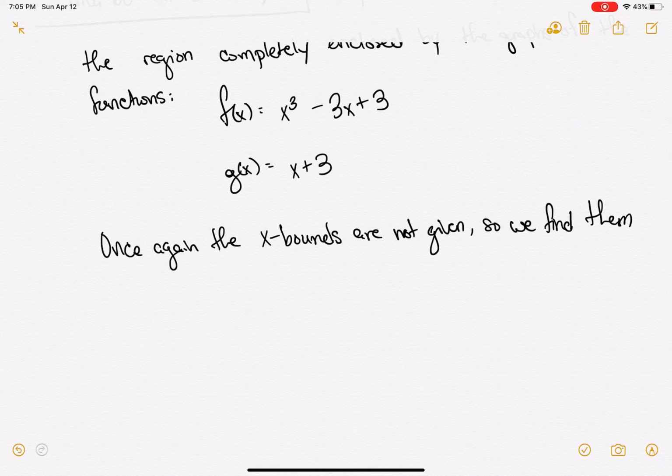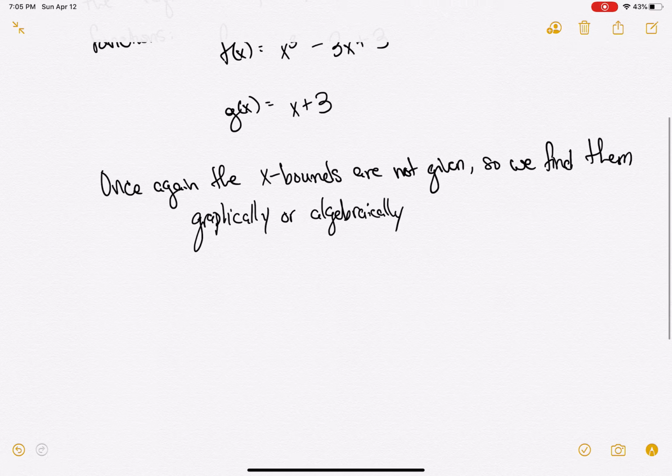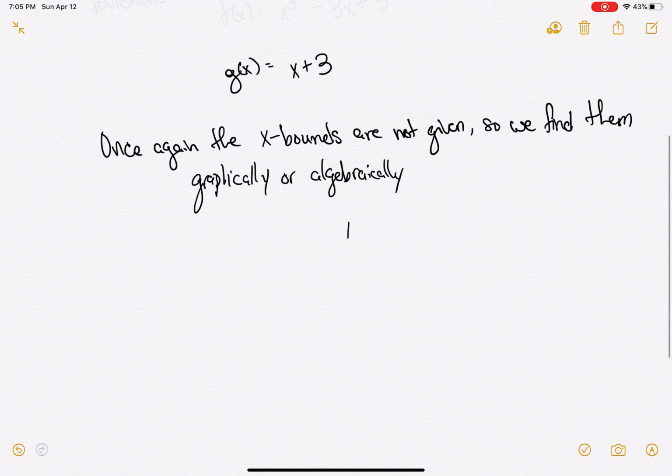You can either find them graphically or algebraically. I actually don't think the algebraic version is too hard, but it's always good to graph these first too.